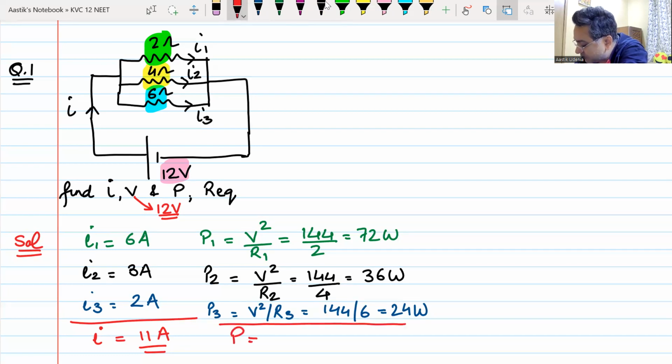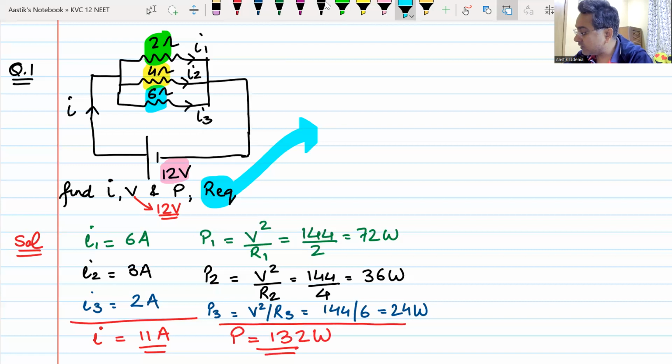Total power P. How much? I think it is 132. 132 watt.